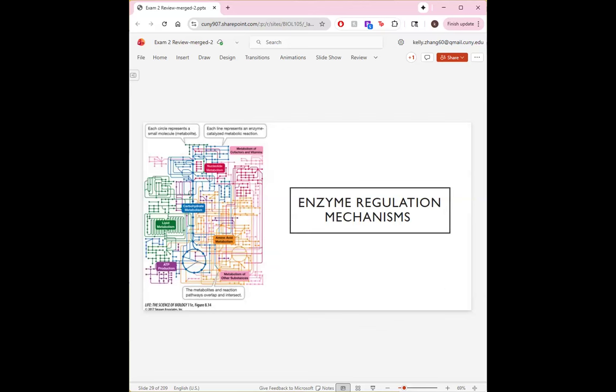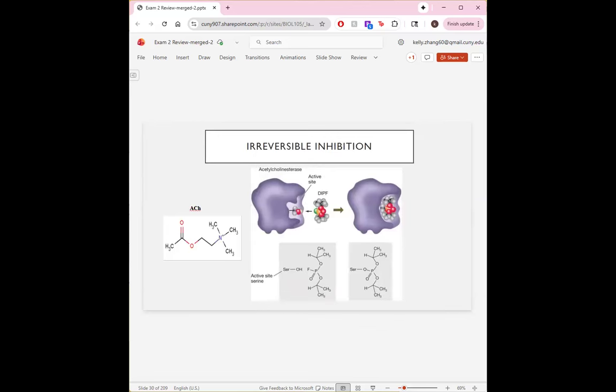Enzyme regulation mechanisms. With enzymes, there are naturally occurring inhibitors that bind to the enzyme if there's a need to slow the reaction rates and regulate metabolism. There's irreversible inhibition, which occurs when the inhibitor inhibits the enzyme's ability to interact with its normal substrates.